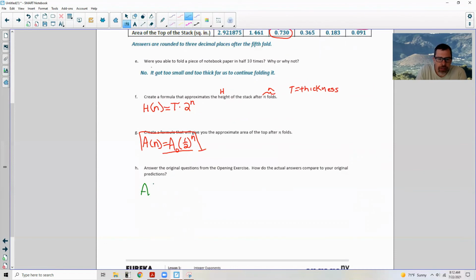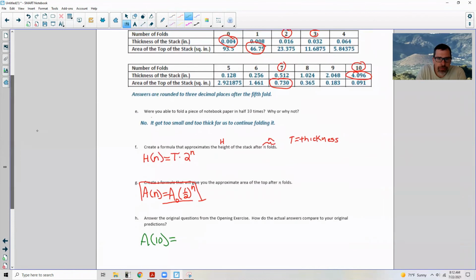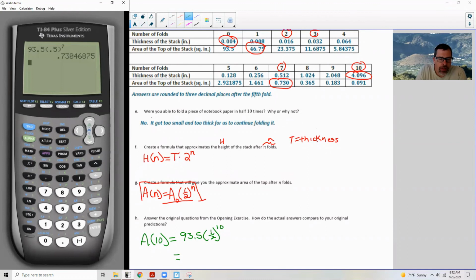Area of a 10 fold would equal a naught, which is 93.5 times 1/2 to the 10th power. And that would equal 93.5 parentheses 0.5 to the 10.